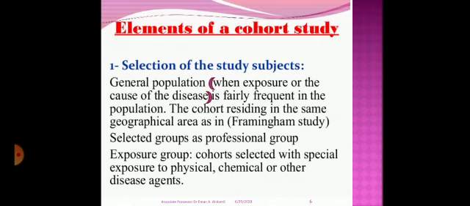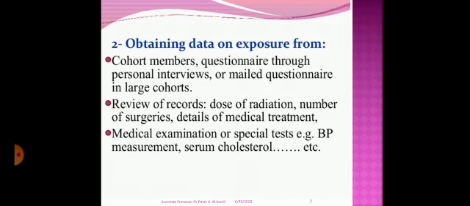We are going to follow up those who have the risk of exposure, whether chemical, physical, or other disease agent. So the first group is a cohort group who have a certain exposure.